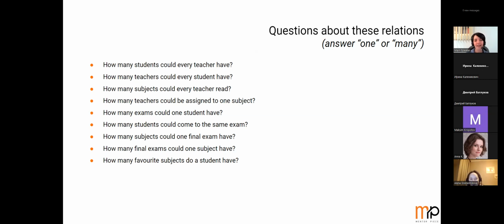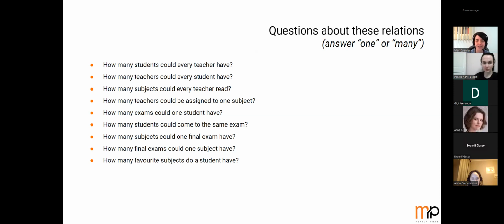Okay. How many teachers could be assigned to one subject? One. Yes, correct. How many exams could one student have? Many, yes. And how many students could come to the same exam? Many. And how many subjects could one final exam have?